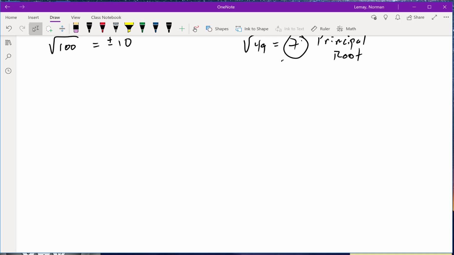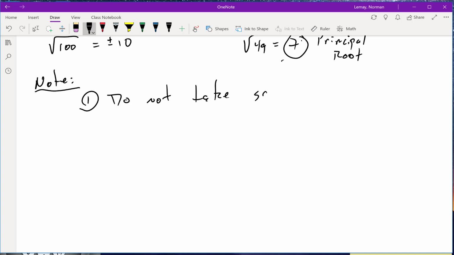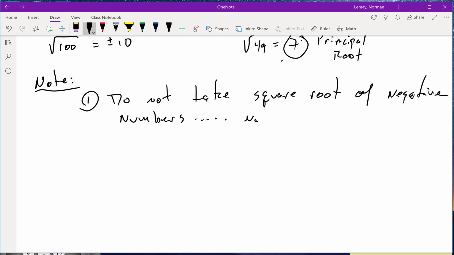And let's also note, special note 1, we do not take square roots of negative numbers, at least not yet.